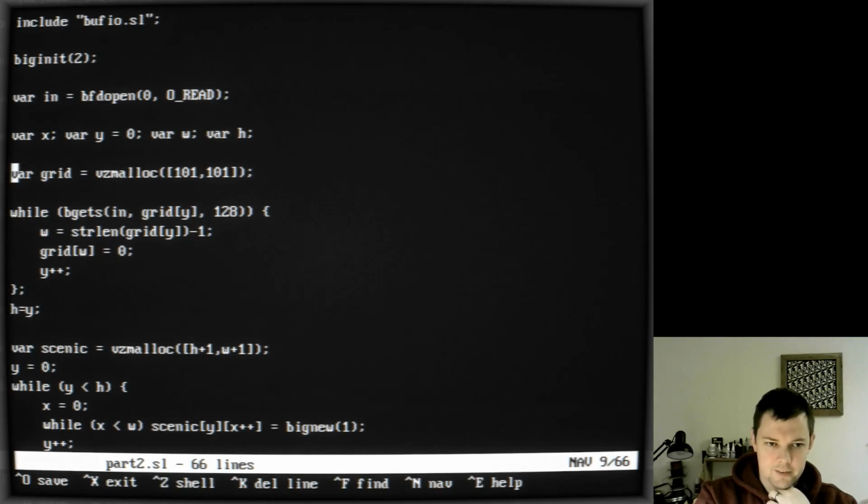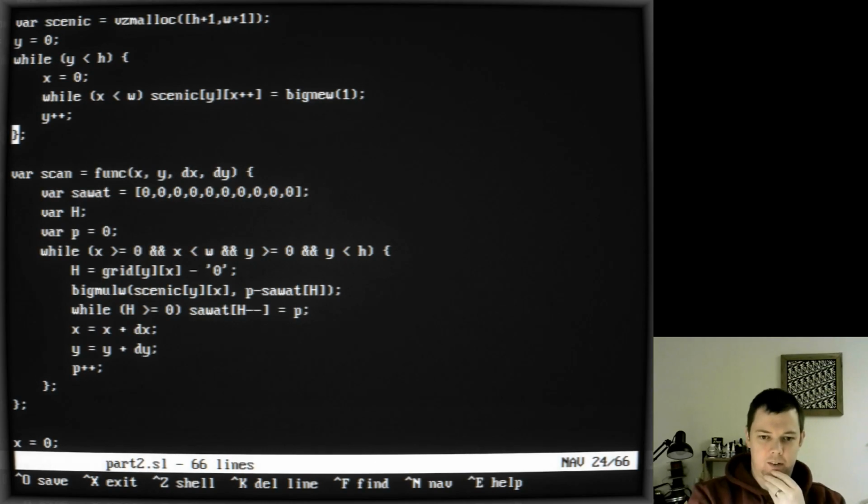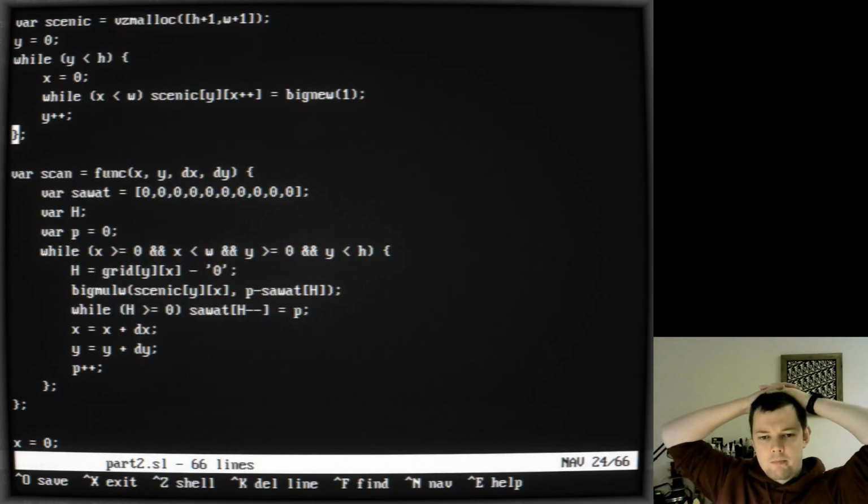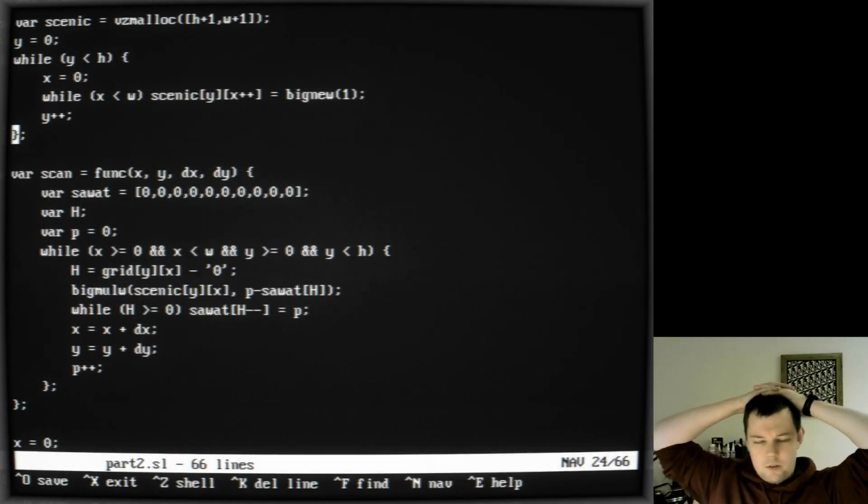Because the grid itself takes up 10,000. Our points take up 10,000, and then we've got 20,000 worth of big ints. That's 40,000. Plus the code. What can we do about this then?